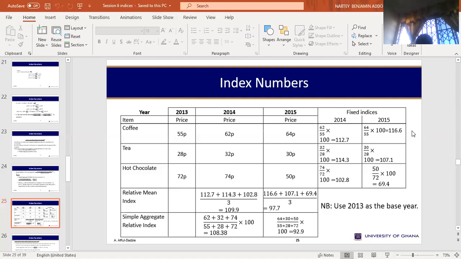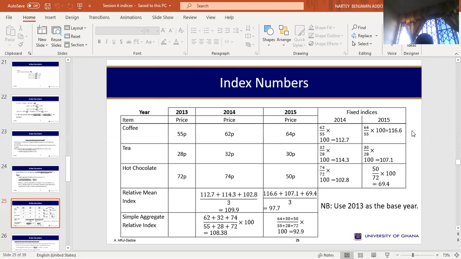And for tea, it will be 32 over 28 times 100 for 2014, and then 30 over 28 times 100 for 2015. And then for hot chocolate, the same approach. So first of all, we have determined the fixed indices.